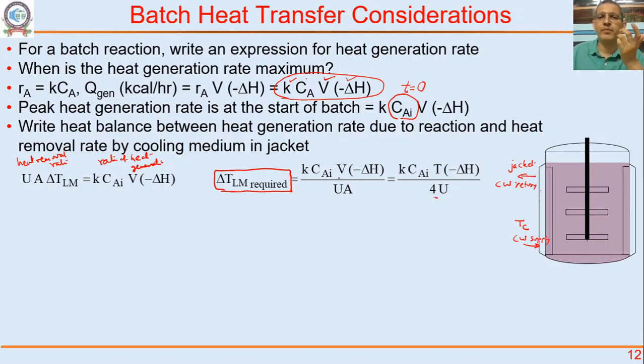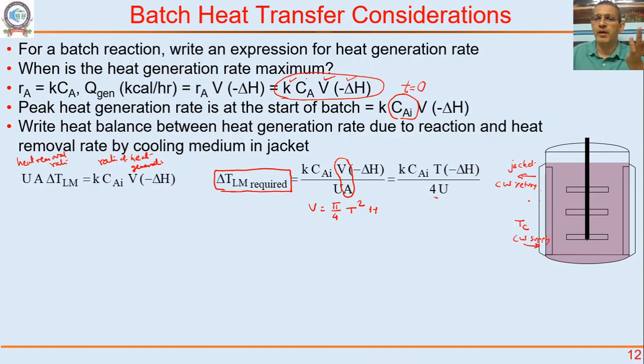Now just to tell you, this V by A is the volume of liquid divided by the area of this jacket. What is volume? Volume is pi by 4 T square into H, if you like.